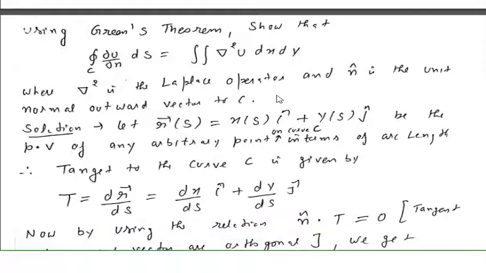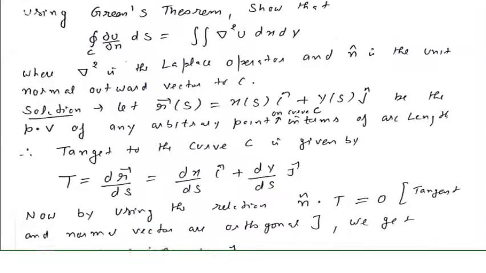Now to calculate the normal, first of all we are going to calculate the tangent. We know that the derivative always points in the direction of the tangent, so dr by ds is dx by ds i plus dy by ds j. It gives us the tangent, and to calculate the normal vector we have to use this relation. We have to choose such an n which will give a dot product of 0 with t, because the tangent and normal are perpendicular to each other.